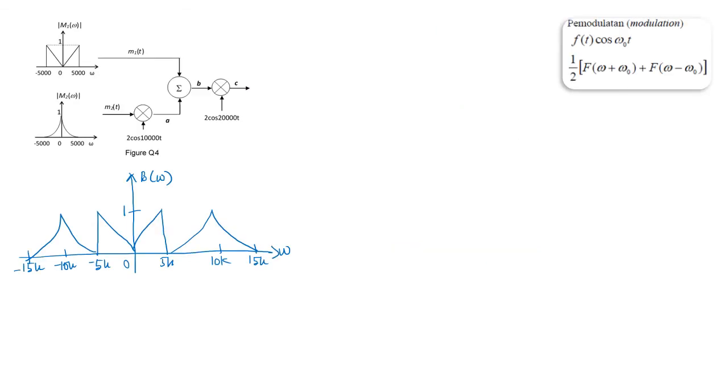Okay, next you need to sketch C(omega), the signal at point C. In this case, c(t) equals b(t) multiplied with the cos function 2 cos 20k t.